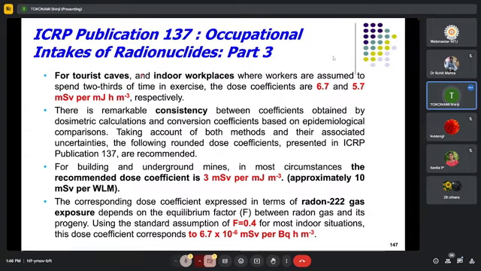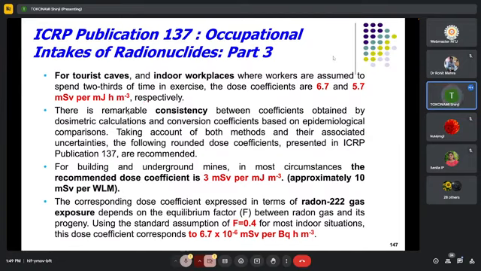For tourist caves and indoor workplaces where workers are assumed to spend two thirds of their time in exercise, the dose coefficients are 6.7 and 5.7 millisievert per mJ h per cubic meter, respectively.